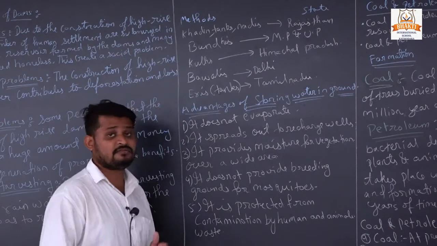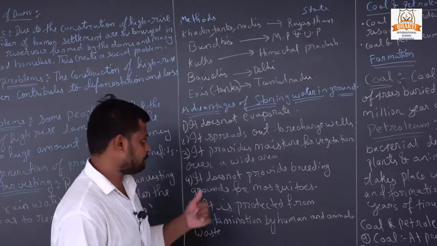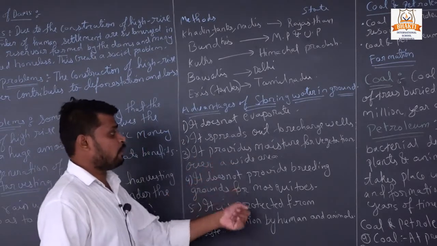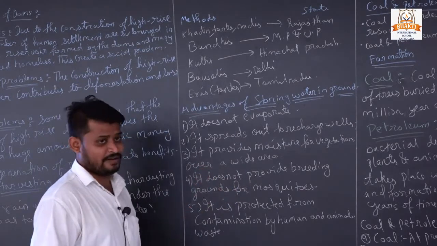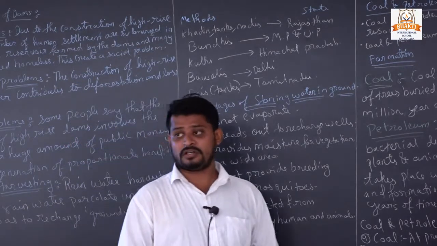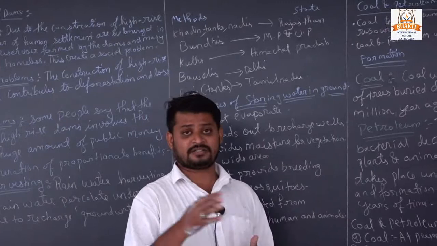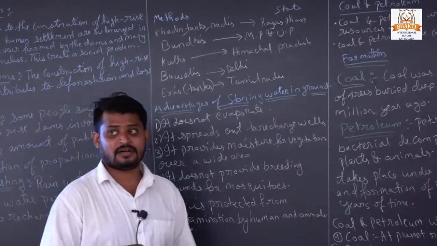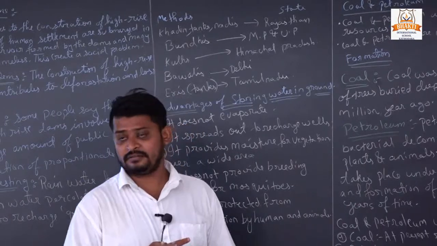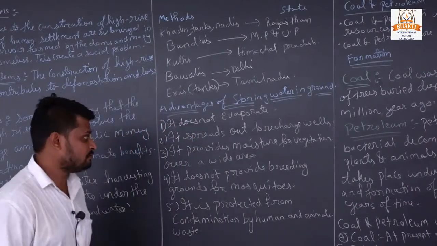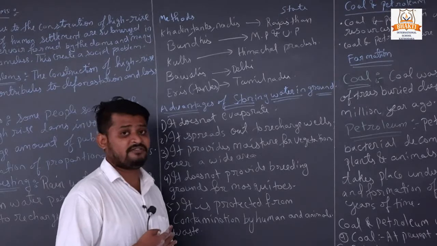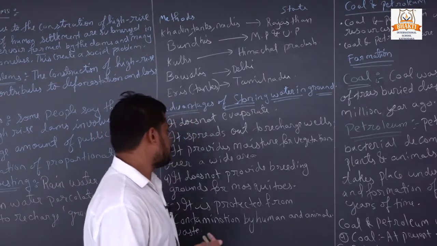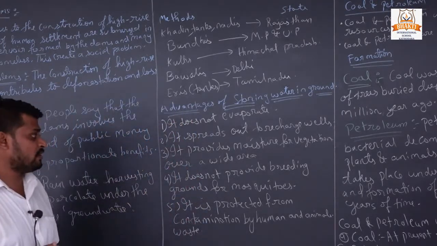That's why we can use it for a long time. It provides moisture for vegetation over a wide area. If the water is not in the soil and in the ground, the upper surface of the land will be dry, and the vegetation will not grow. So that's why we have to store water in ground.